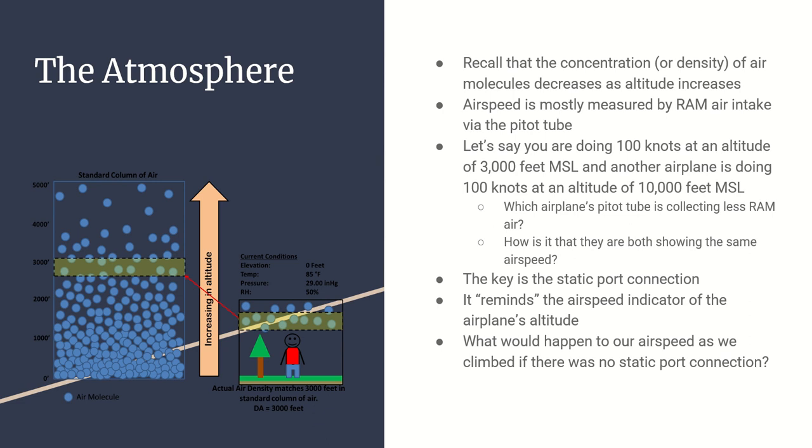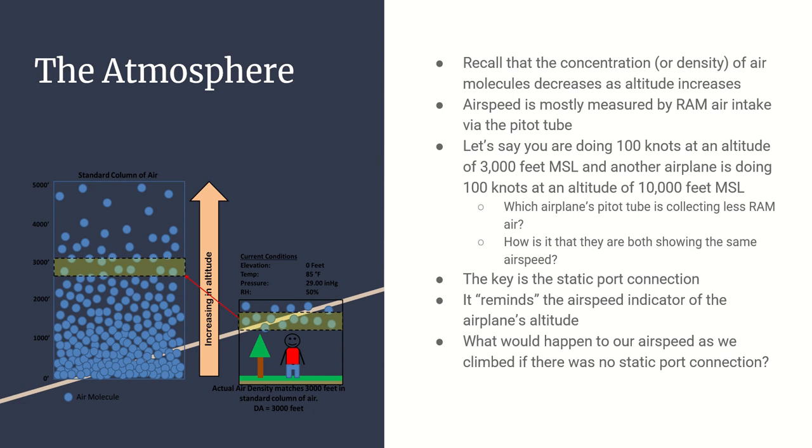However, because of the pressure change in the atmosphere, we can't rely solely on that ram air pressure reading to generate an accurate airspeed. For instance, if we did not have a linkage to the static port to give us information about the ambient pressure at any point, let's say we're actually doing 100 knots, right? We have somebody in another airplane who has a radar gun and they're measuring us at 100 knots, right?